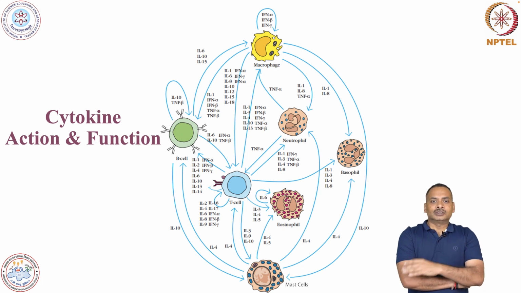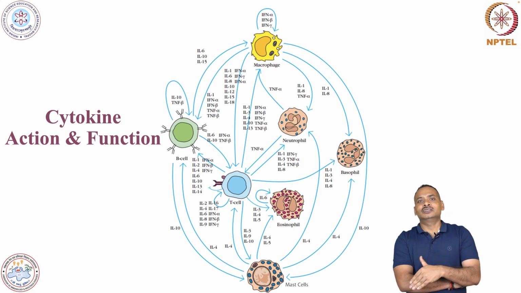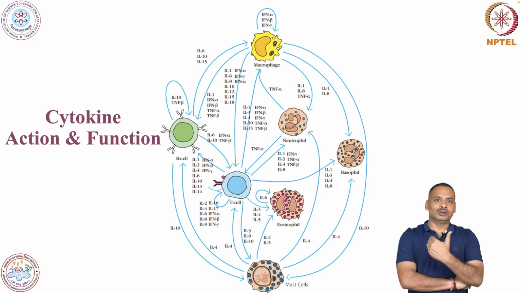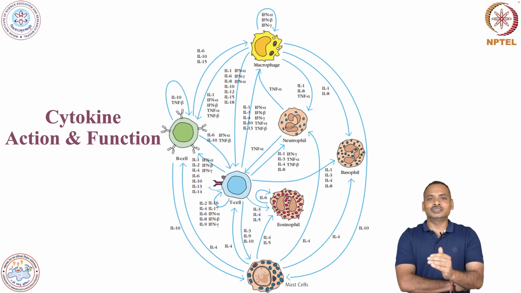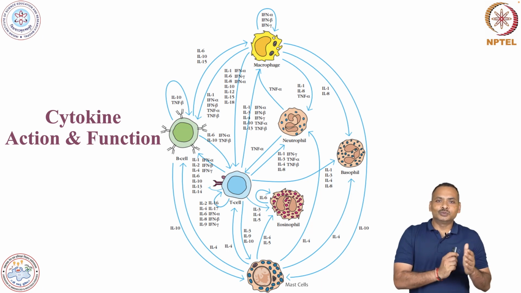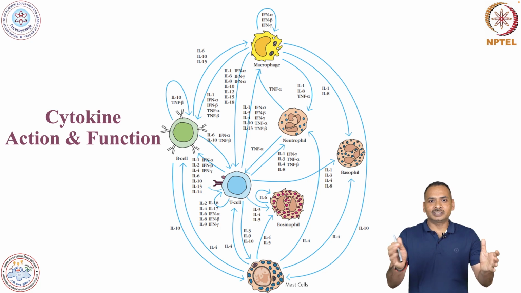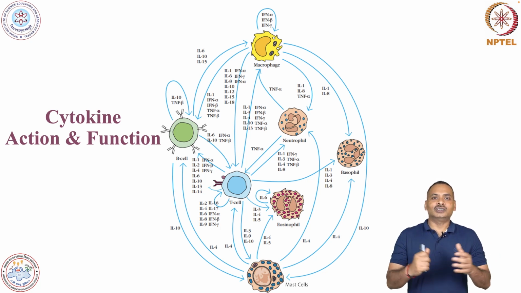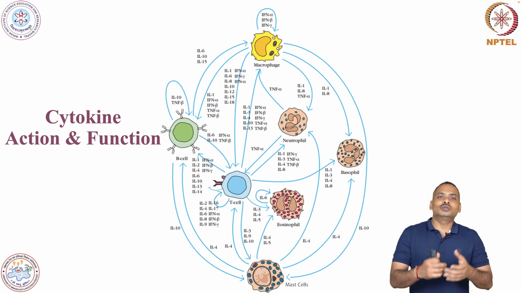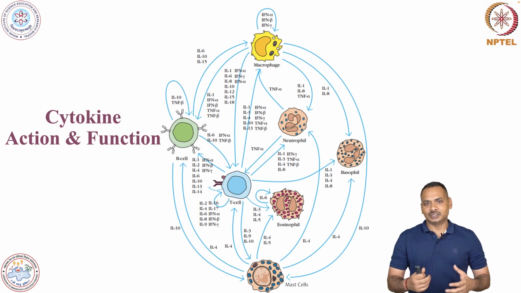So this is quite complex and it will take time to learn these things. You need not remember all these cytokines, which cytokine is produced by which cells. As you go through the immunology course, when you study, for example, macrophages, then you will study all those macrophage-associated cytokines.